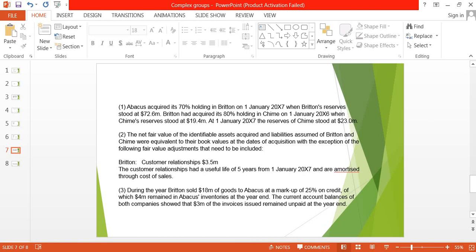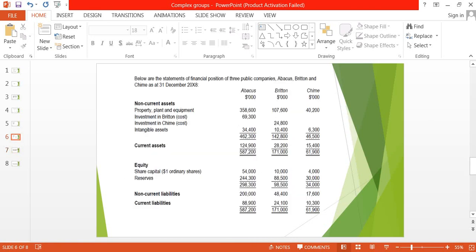investments do not remain static. Companies invest so that they could create wealth. So this investment on 1st January, we need to determine how much it was as at 1st January 20x7 when A gained control of B. So we get to the balance sheet.